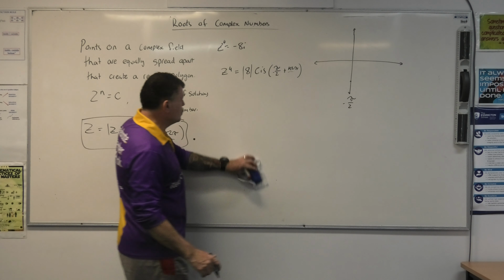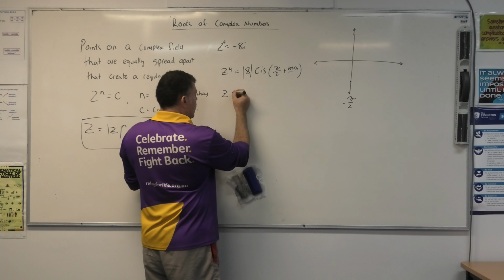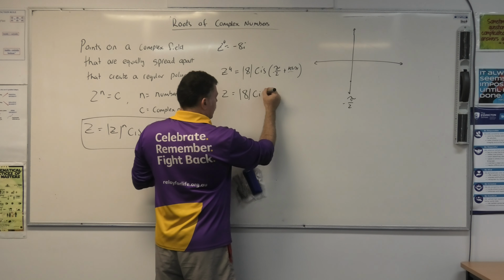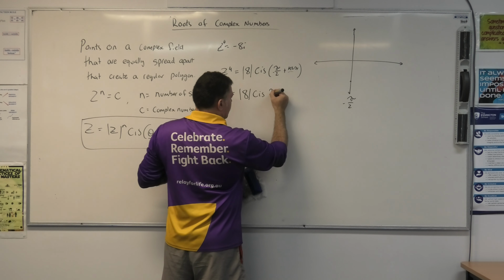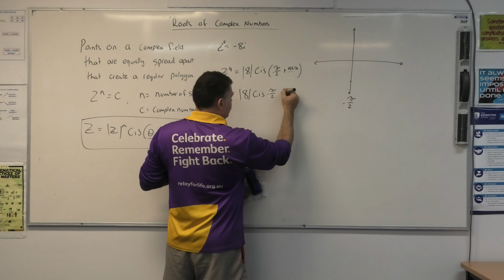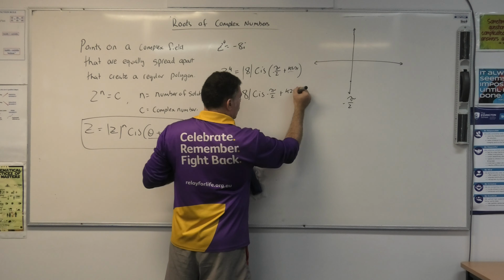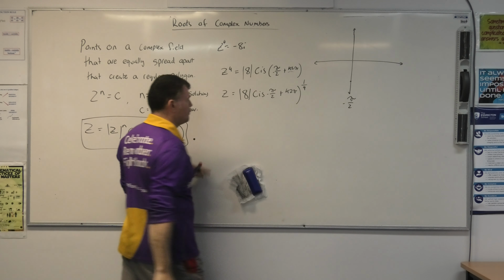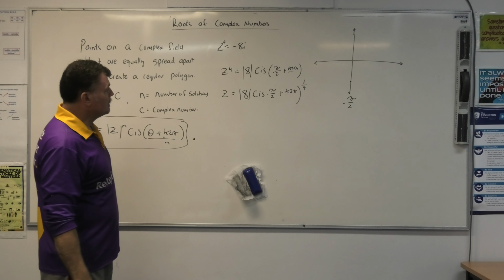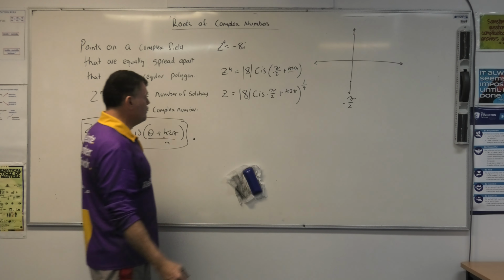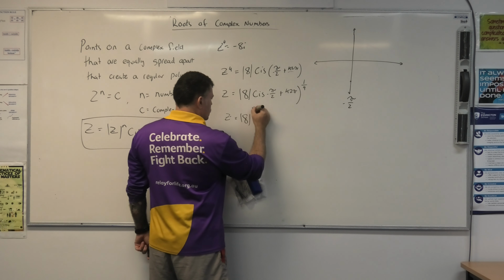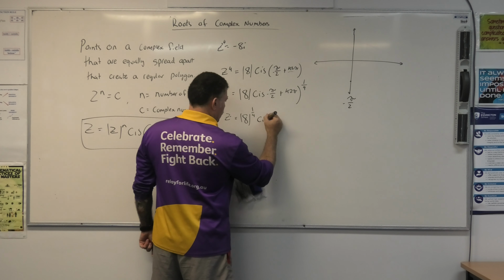If we carry this through a little bit further, what we would have is 8 cis of (-pi on 2 plus k 2 pi), all to the power of 1 on 4.